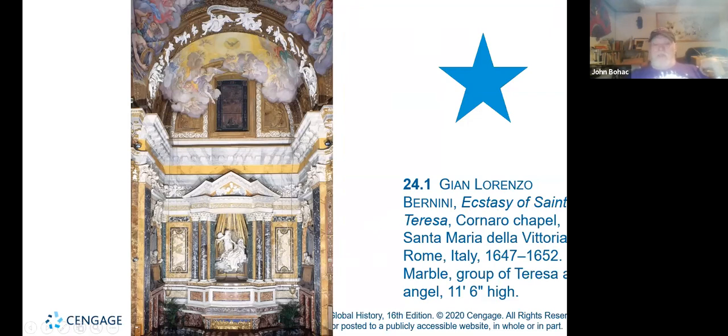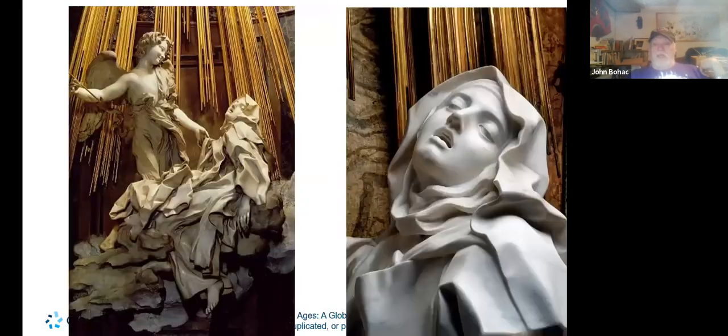So she was a 16th century holy woman. And so this sculpture has been analyzed over and over again. And it's kind of iconic for the Baroque era.